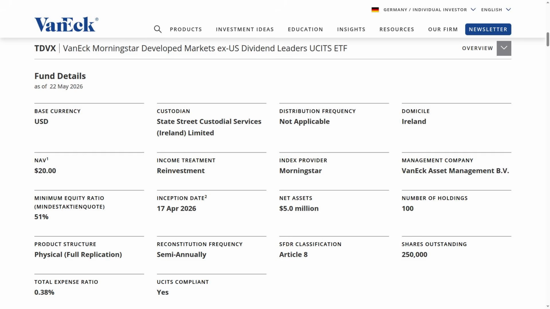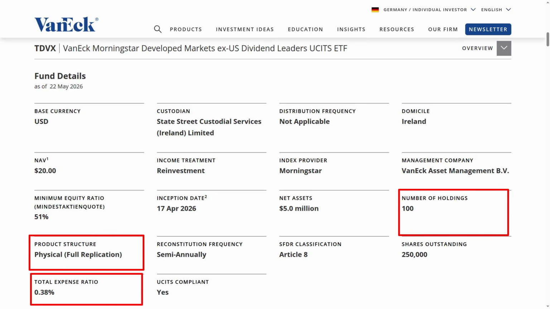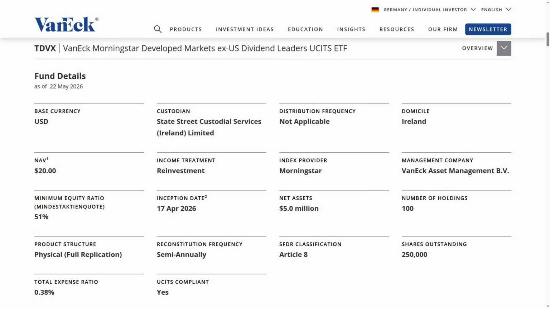But let's get back to the key facts. The management fees, replication method, and the number of holdings are identical to the classic VanEck Dividend ETF. However, the base currency this time is US dollars. I know a lot of people will complain about this and argue it makes no sense for an ex-US ETF.